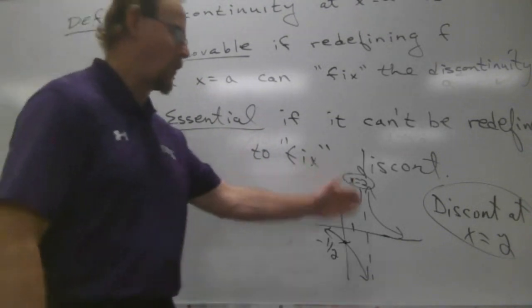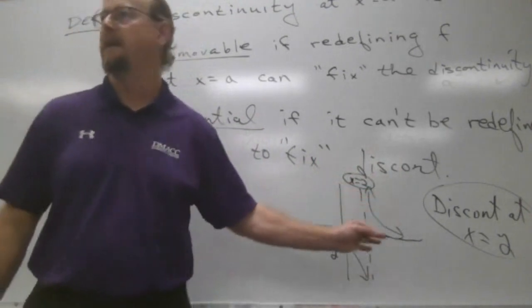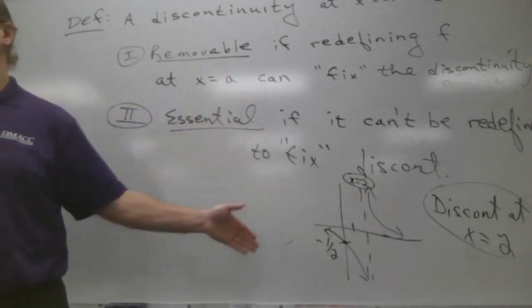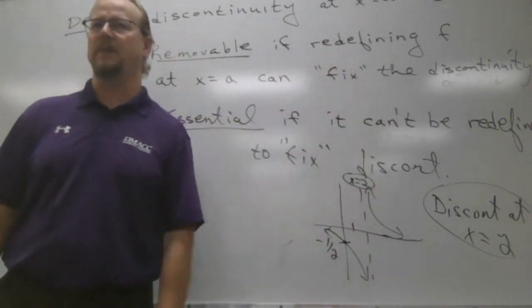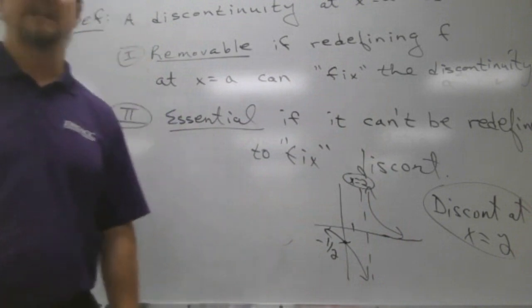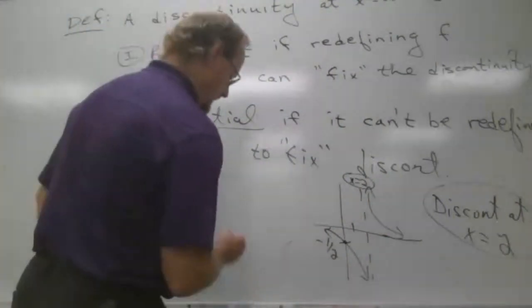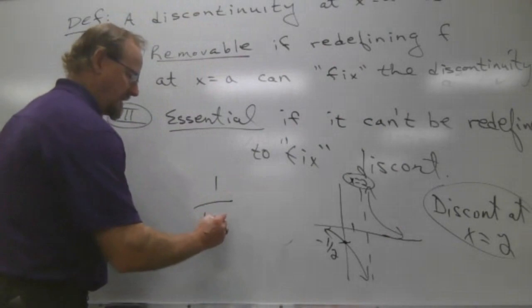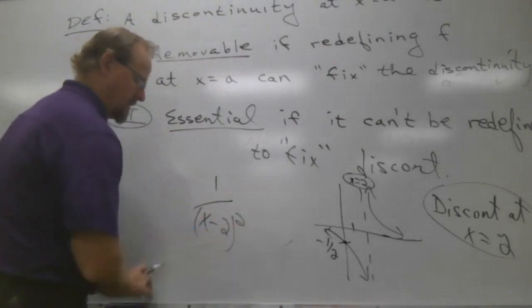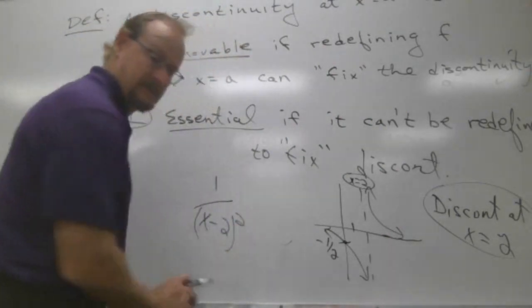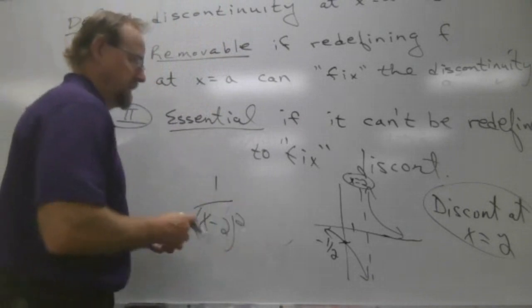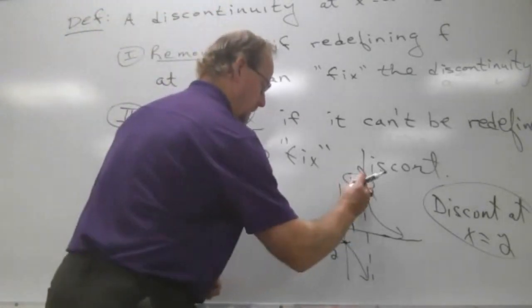Does this make sense? If this is essential, there's no way I could redefine a single point f of 2 to make it so I can draw my graph without lifting my pen. You can't do it. Even if both sides went up, like if I had 1 over x minus 2 quantity squared, it would make the graph go up here.